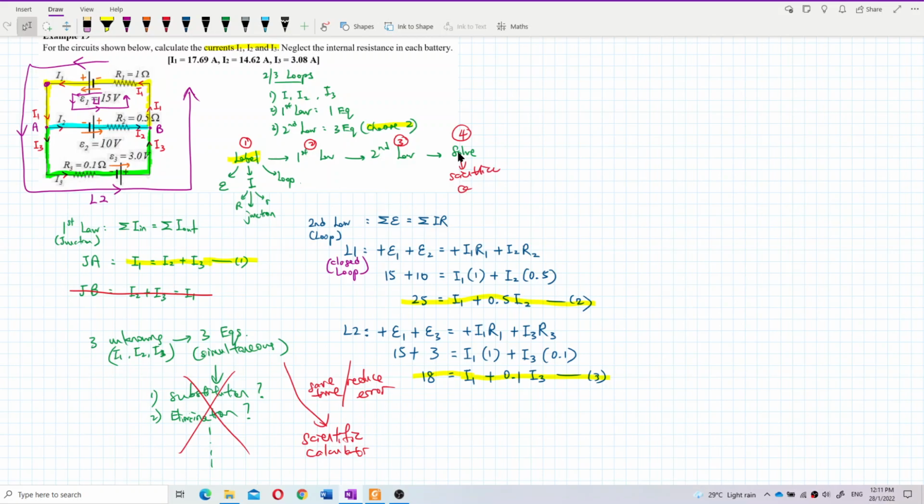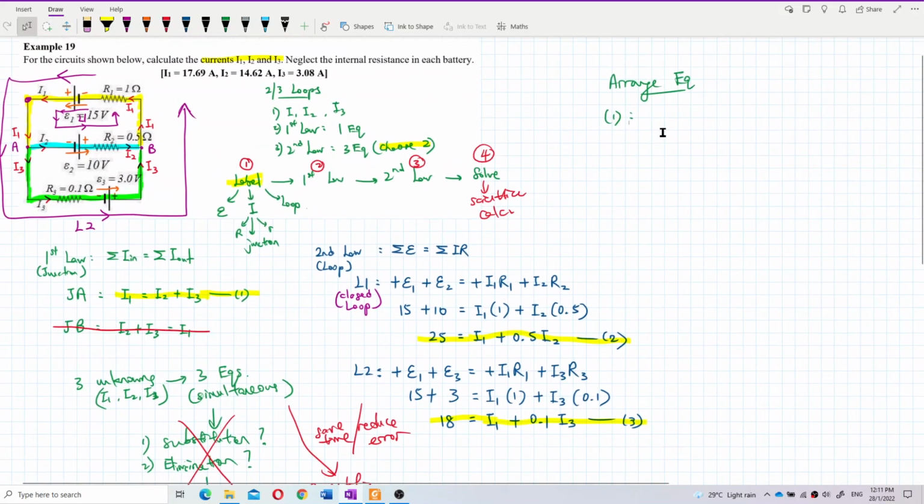What we need to do is arrange the equations first. How do we arrange them? Arrange I1, I2, I3 in sequence.